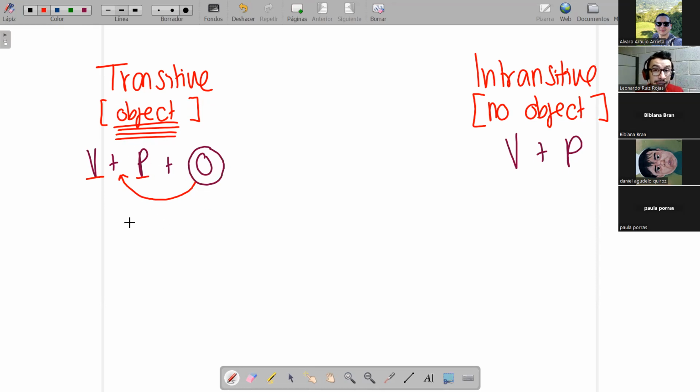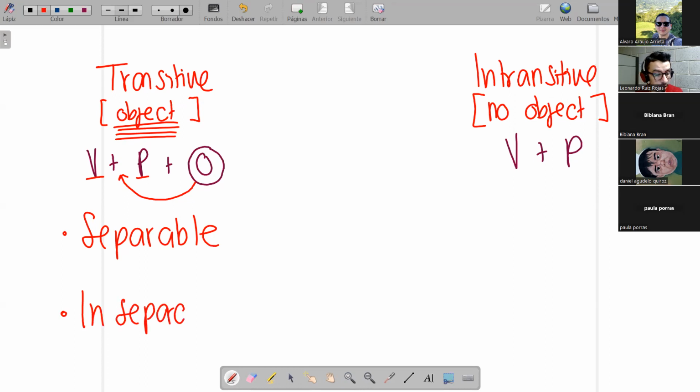So the transitive verbs are going to be divided into groups: separable and inseparable. Separable o divisible. Yes, así como lo leyó Alvarito, separable o divisible and inseparable. Inseparable verbs. Of course, separable significa que el objeto puede ir en la mitad de los dos. Inseparable, it means that it cannot go. Puede ir solamente al final.